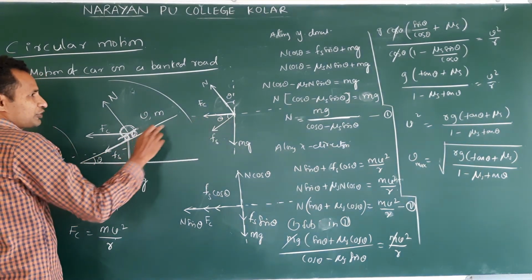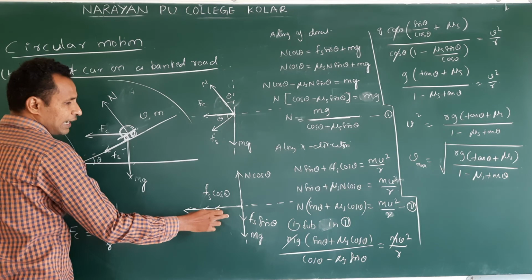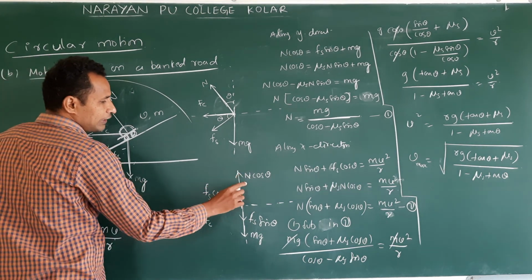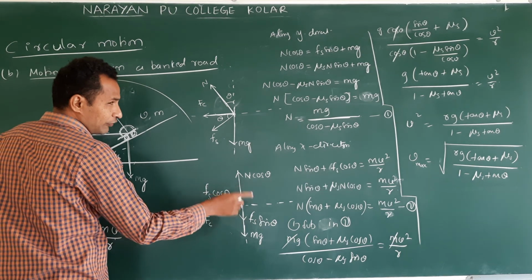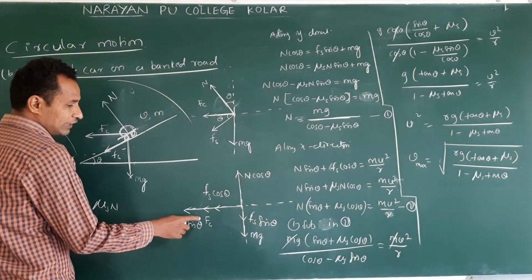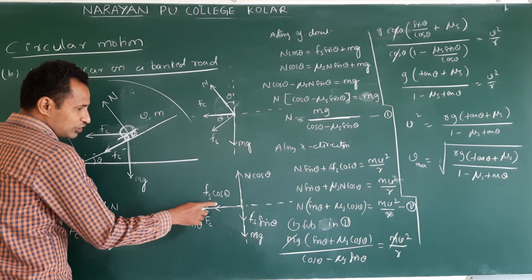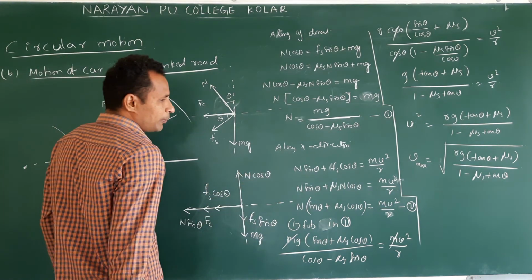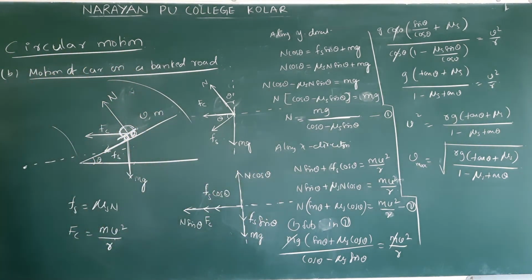These same forces have been drawn here, then I resolve into x and y directions and I equated the forces along the y direction, and along the x direction the forces are equated too. Here, the centripetal force is provided by Fs cos theta and n sin theta, that I framed and I eliminated.